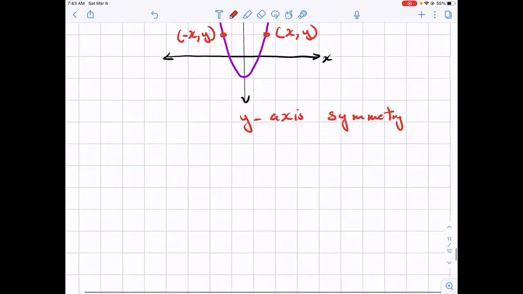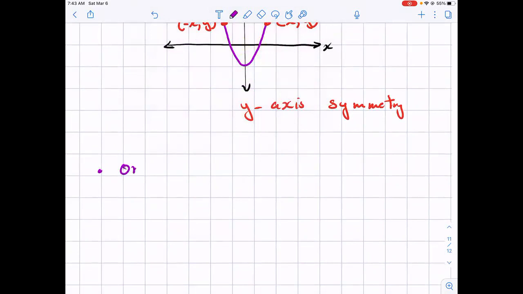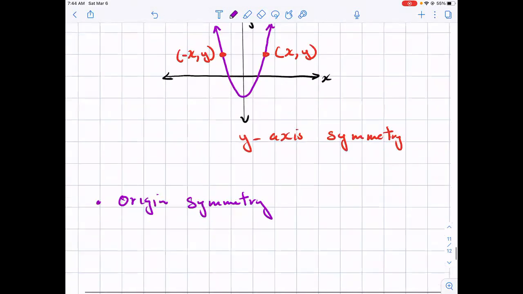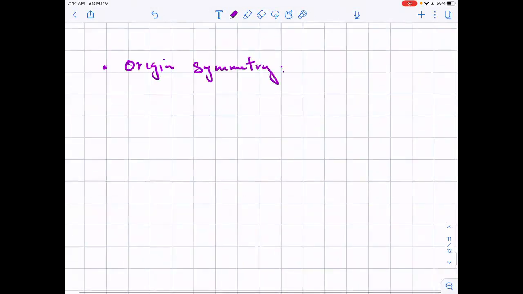And finally, we will talk about origin symmetry. Origin symmetry, likewise, is when the graph will reflect about the origin.